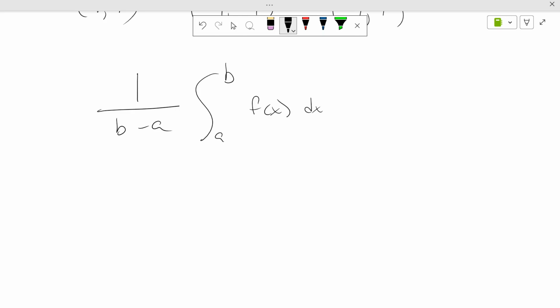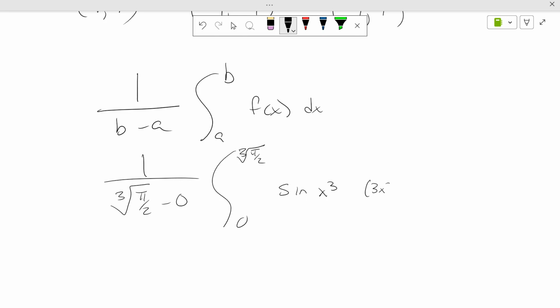Okay, average value of function. So it's 1 over the cube root of pi over 2 minus 0, from 0 to the cube root of pi over 2, of sine of x cubed times 3x squared dx.